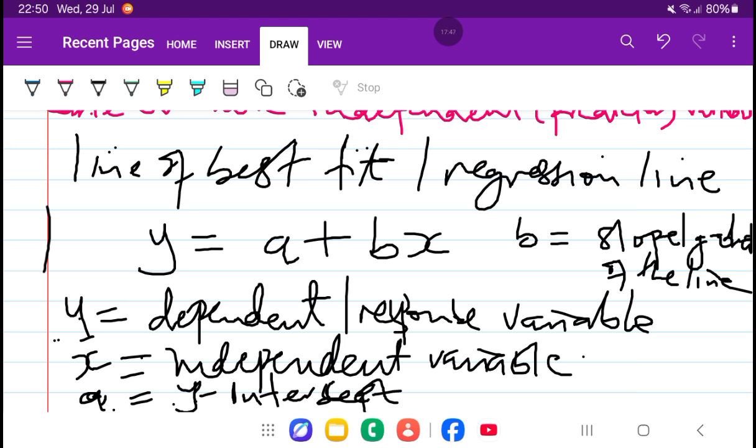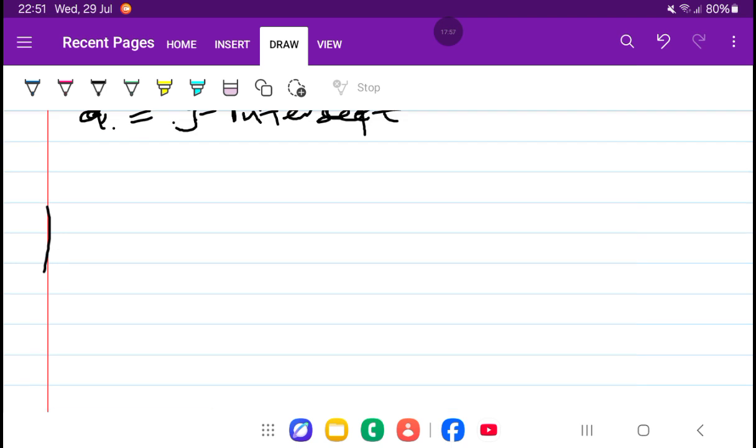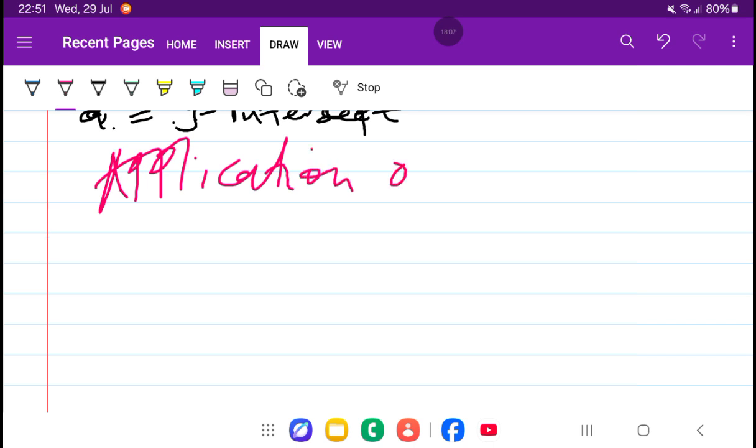But that doesn't mean that when you're dealing with regression it's only about those ones alone. We have different forms. So before we look at the forms, let's first focus on the application of regression analysis.